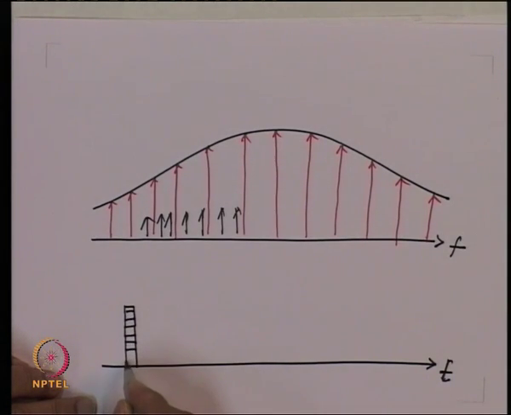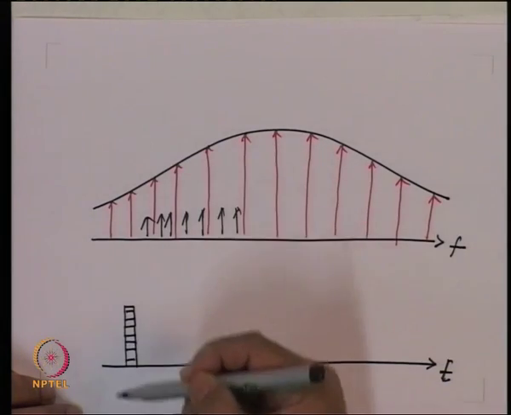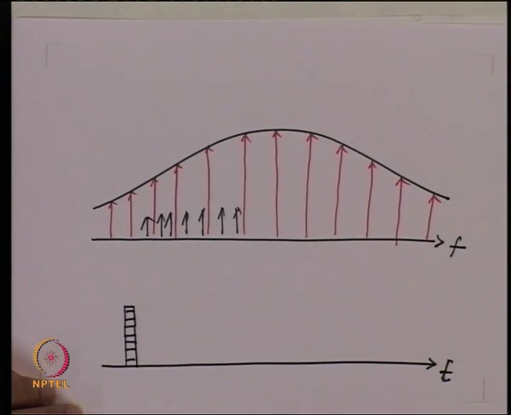So you will have a pulse in time which will have a profile in frequency which is perpendicular to the plane of the paper. It will be like this. But in time they all will be aligned, so you will see a pulse which is the pulse you want to transmit.